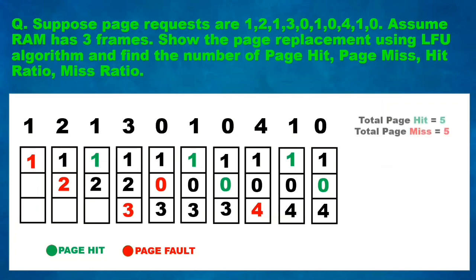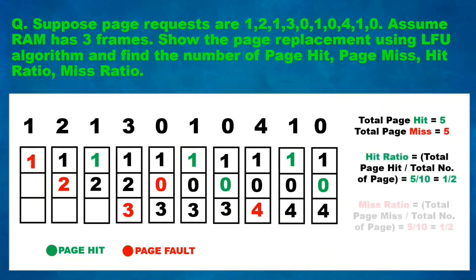So here we can see that total page hit is 5 and total page miss is also 5. So hit ratio is 5 by 10, that is 1 by 2, and miss ratio is also 5 by 10, that is 1 by 2. So that is all about page replacement algorithms.